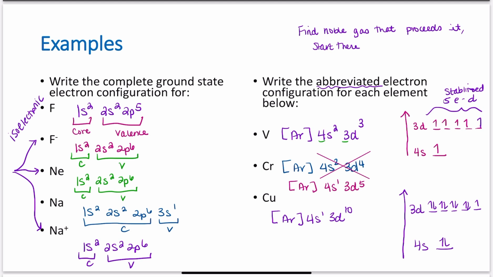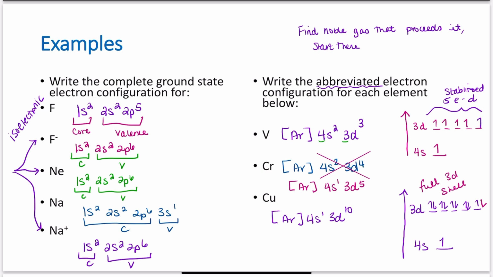But what the copper does is it takes this electron and promotes it up. And in doing so, it has a full 3d shell, which is more stable than one filled s shell.